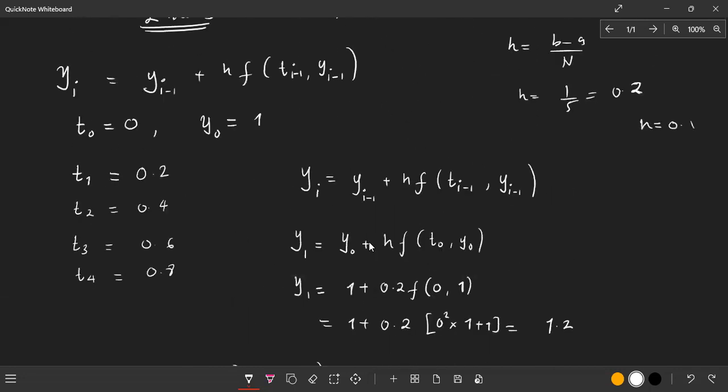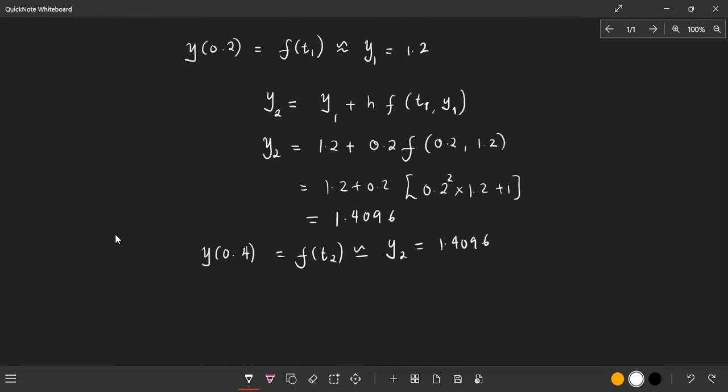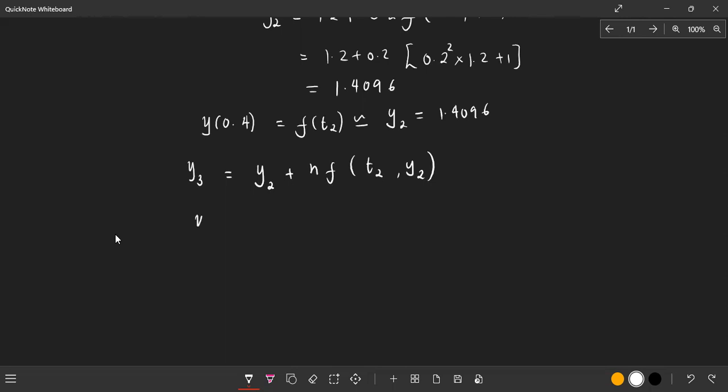All right, so we're done with t2, and we're done with t1 as well. So let's move to the next one. We're going to evaluate this at t3 now, so we're going to find y3. So y3 will be equal to y2, the previous value, plus h times f of t2, y2. So y3 is equal to y2, which is simply 1.4096, and h is 0.2.